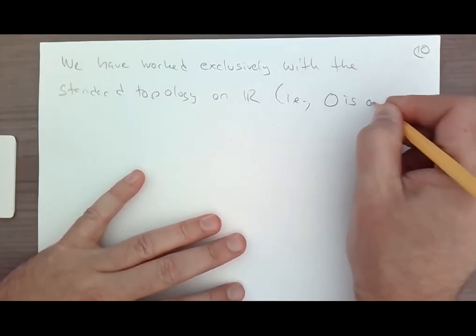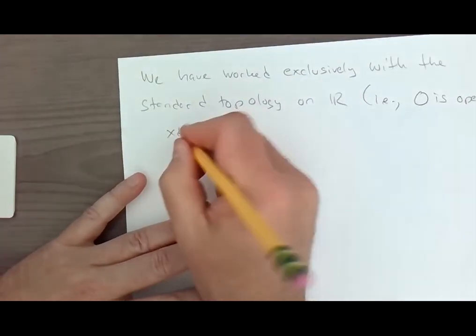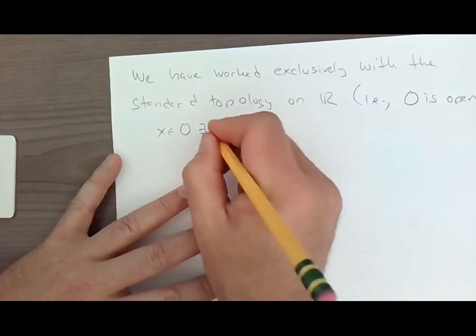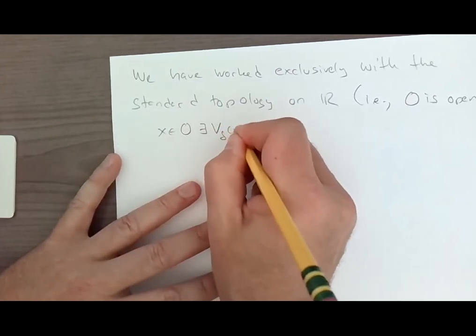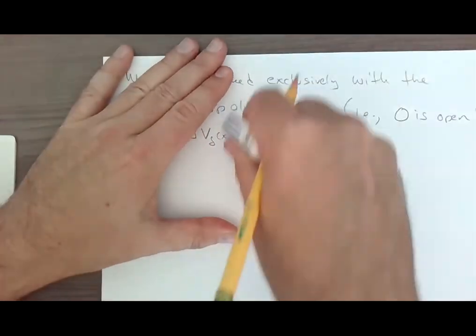O is open if for any point in there, there exists some neighborhood around it that is inside the set.